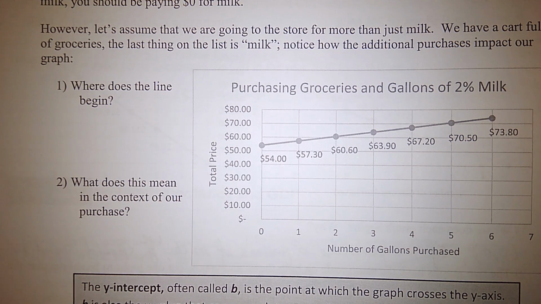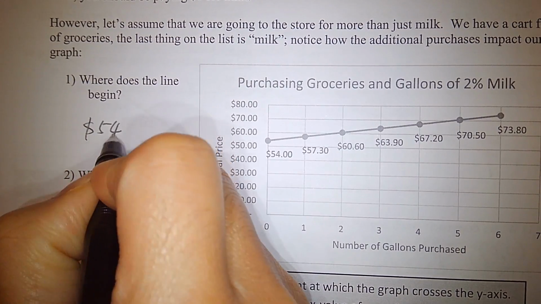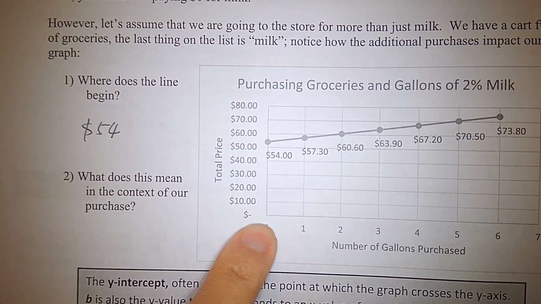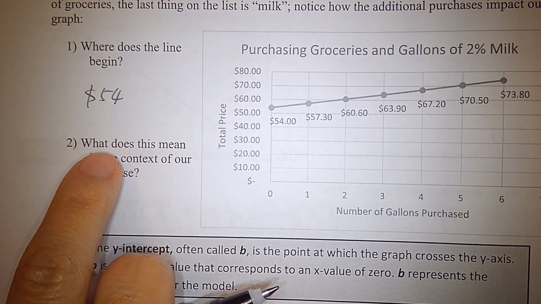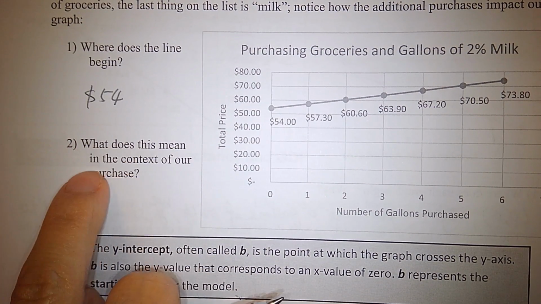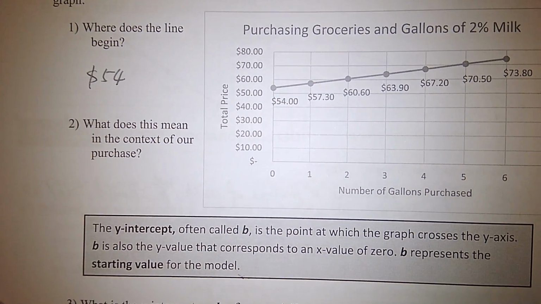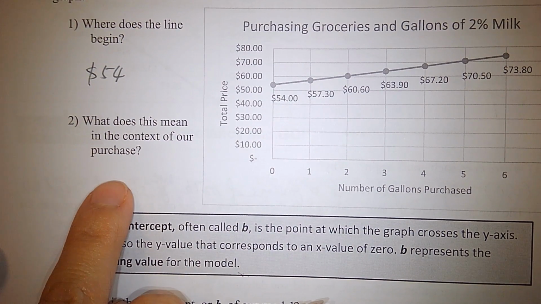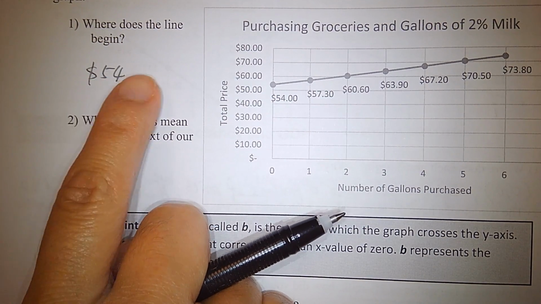54. Yes, very good. 54. You're right. $54, not $0 anymore, because we already got stuff in our cart. What does this mean in the context of our purchase? We have already talked about it, right? These $54 are from what?